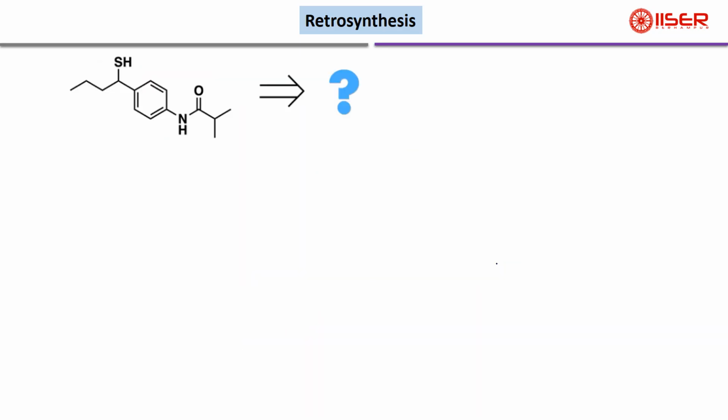What will be the retrosynthesis of this molecule? So if you just break this from here, then there will be a sulfur nucleophile and you can add a bromine at this place.